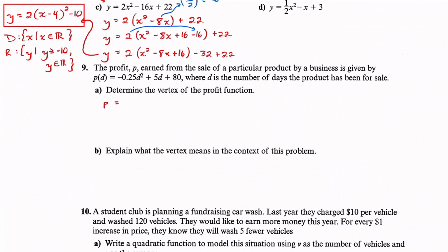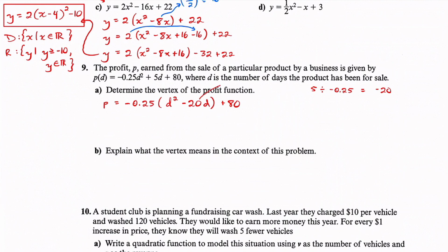So let's start by factoring out that first number. And it only gets pulled out of the first two terms. So I got d squared. And then if I take 5 and divide by negative 0.25 to factor that out, that's going to give me negative 20. So I got minus 20 d and then plus 80 at the very end.